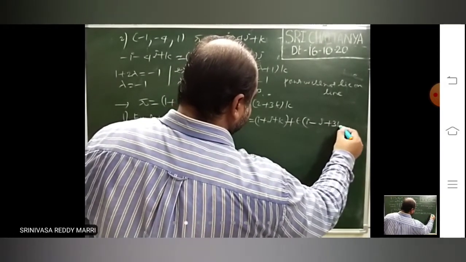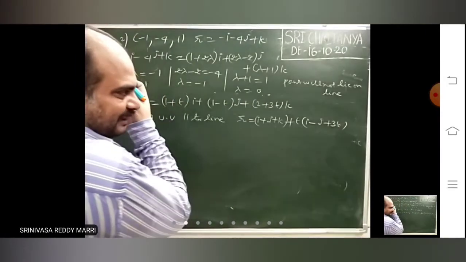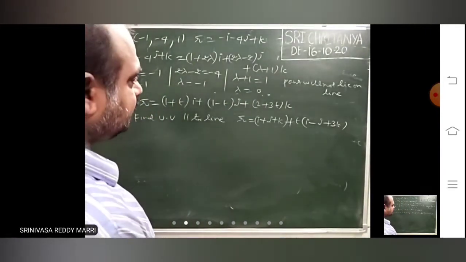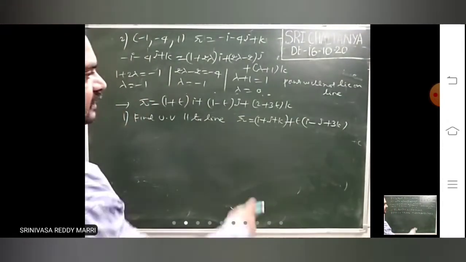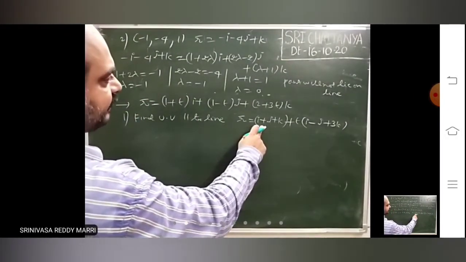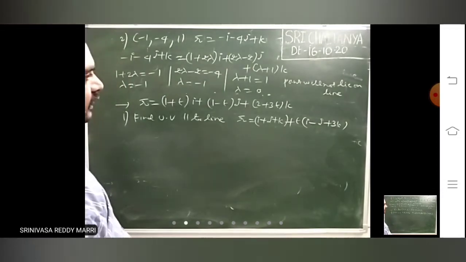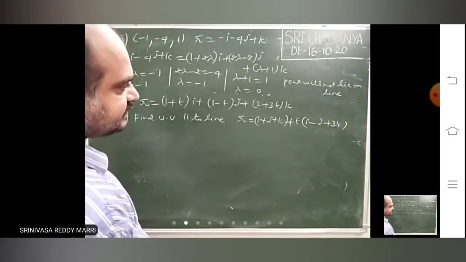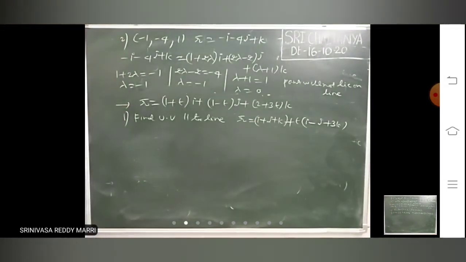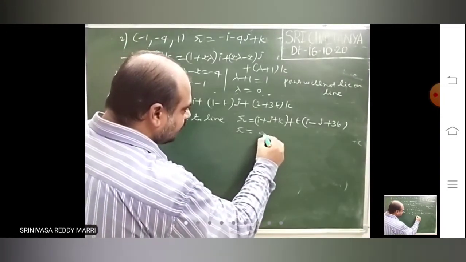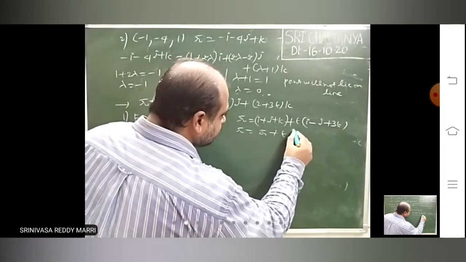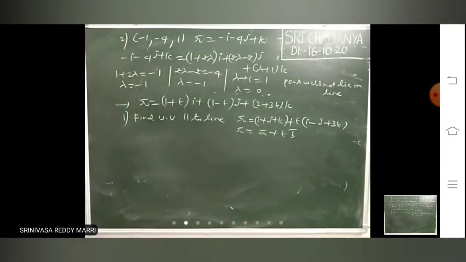So look, i plus j plus k plus t into i minus j plus 3k. This is the line in standard form. So this is nothing but r bar equal to a bar plus t b bar, like this.